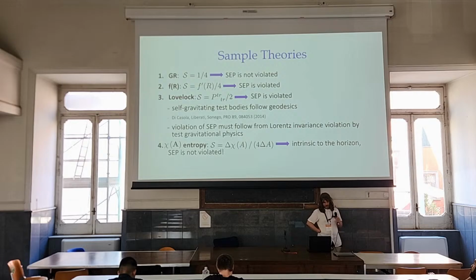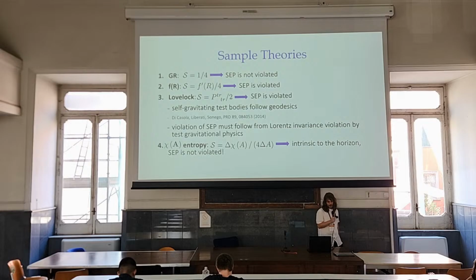But the interesting thing is that in Lovelock theories, it was shown that self-gravitating test bodies do follow geodesics in background spacetime. It was done by Stefano Liberati and collaborators some 10 years ago.